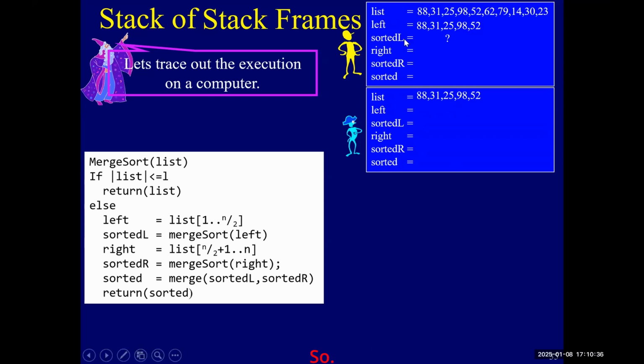What's happening to me? Well, remember I have my own program counter. It's telling me that I'm on this line and I'm asleep. When a prince comes and wakes me up, I will be alive again, ready to keep going. So I'm asleep, and now my friend's going.